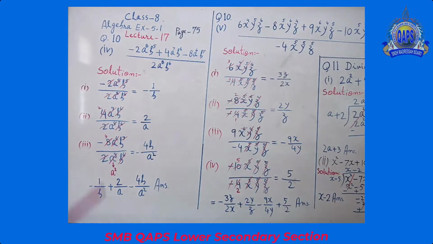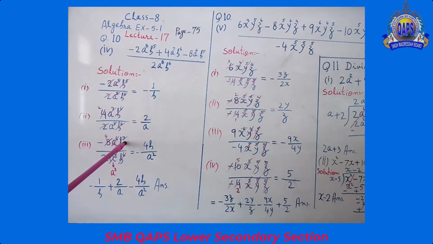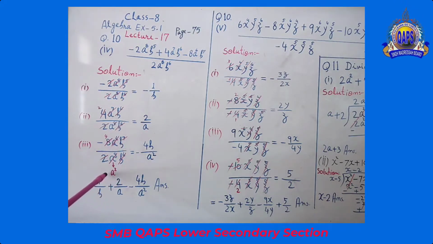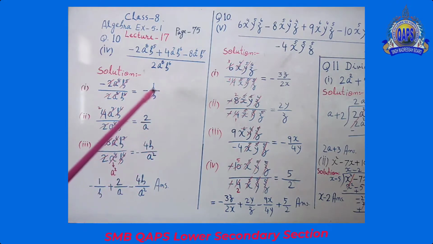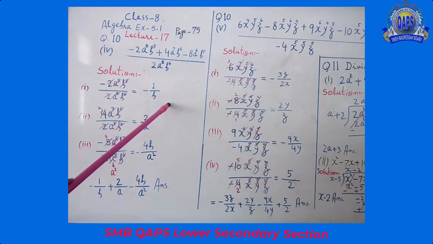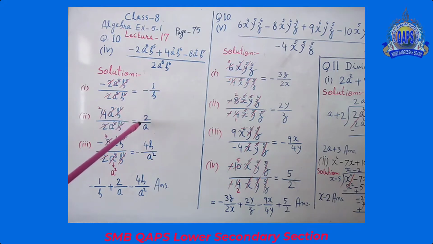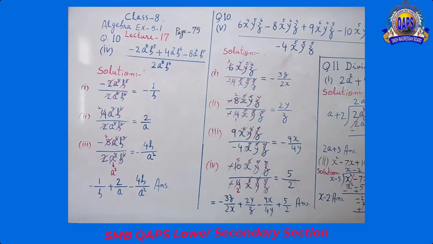So the answer is minus 4b upon a power 2. Now write the answer. Answer will be minus 1 upon b plus 2 upon a minus 4b upon a power 2. See, I wrote the answer over here. Look at the board. I hope you understand that.